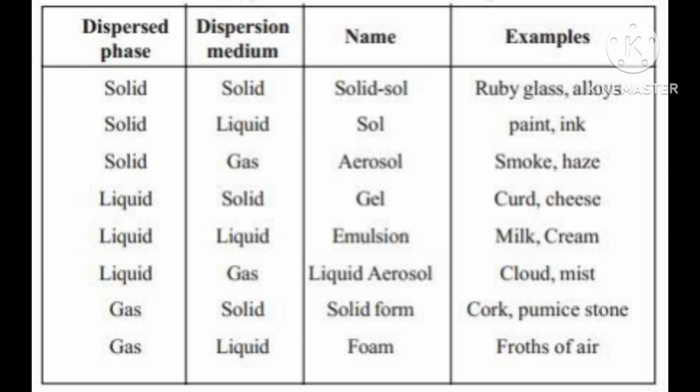Gas is the dispersed phase, solid is the dispersion medium. Then it is called solid sol, because solid is more. In the first case, solid plus solid is also solid sol. Here also solid is more, that's why it is called solid sol.